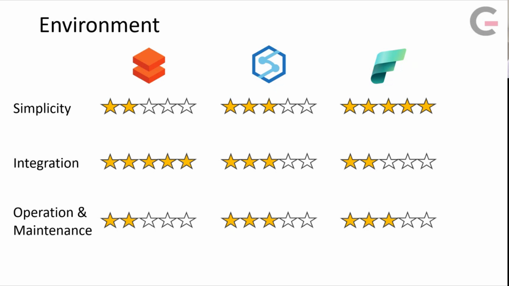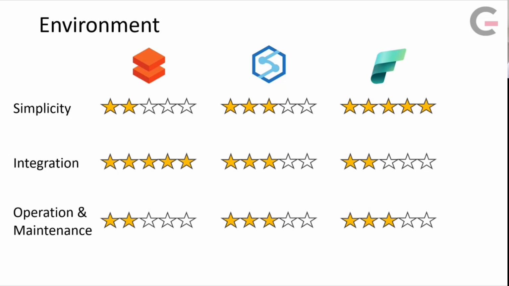For Fabric, it's only 2 out of 5 stars because you don't have any network integration capabilities. But they've recently added managed private endpoints. At least you can now access Azure resources. So yeah, it will probably get a better rating over the next few months.